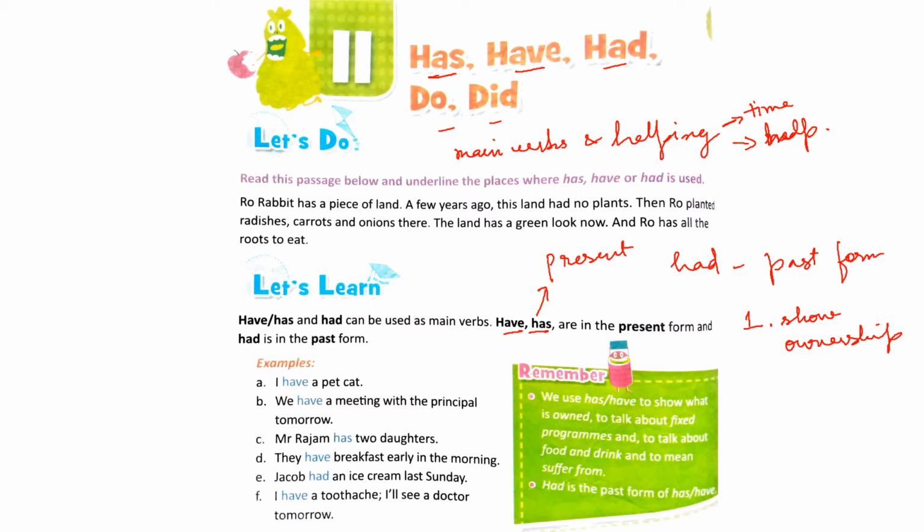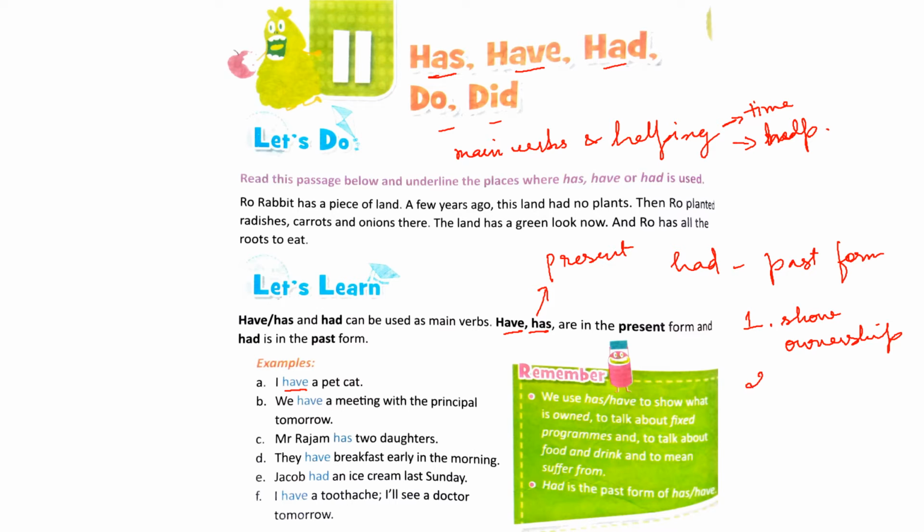I have a pet cat. Here the usage of have shows us the ownership, right? I own a pet cat. Or we can also say I have a car. So I own a car. So in order to show ownership, we use have, has and had.